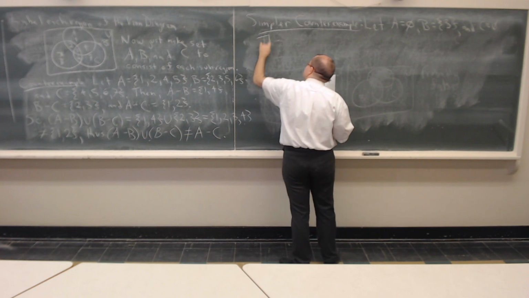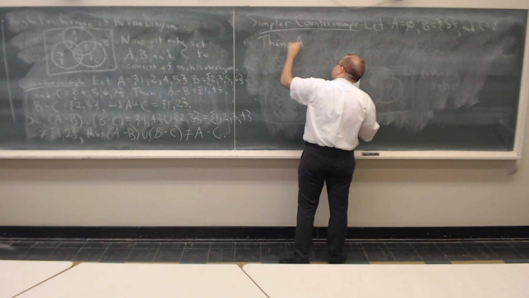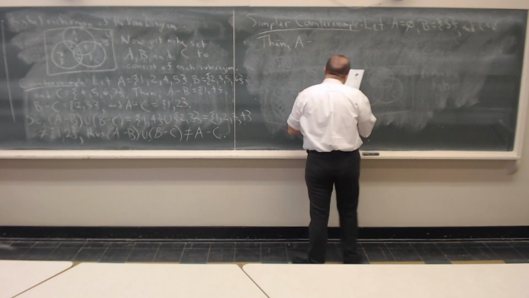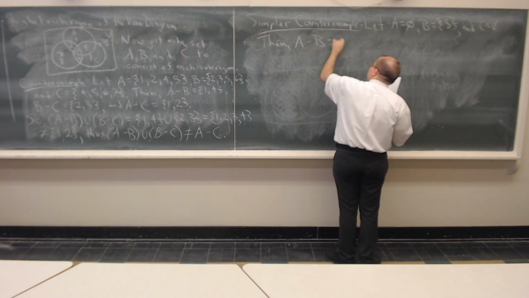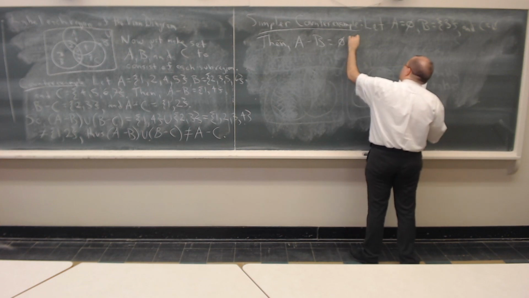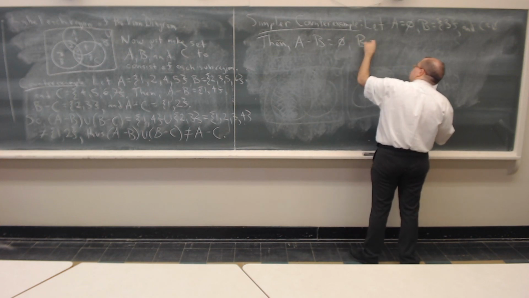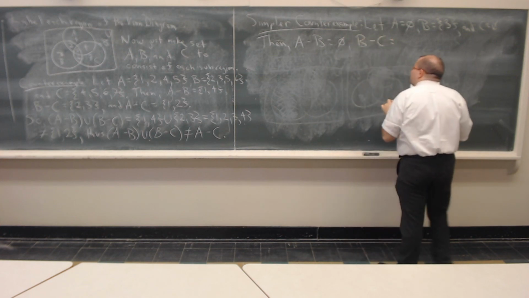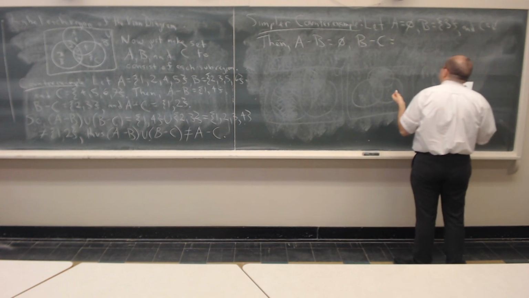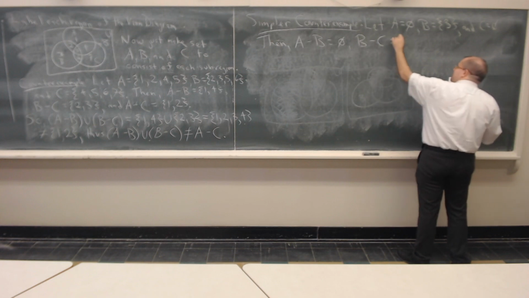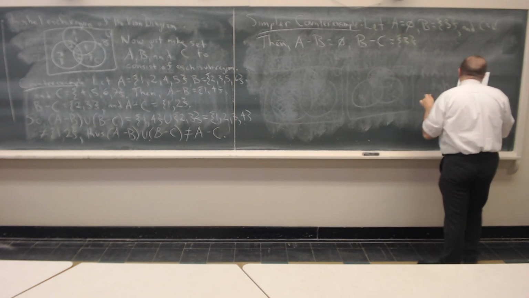Then A minus B, remember A is the empty set, so this is just the empty set. B minus C, okay, well B is just the set with one element, the number 3, minus the empty set. Okay, well that's just the set containing the number 3.